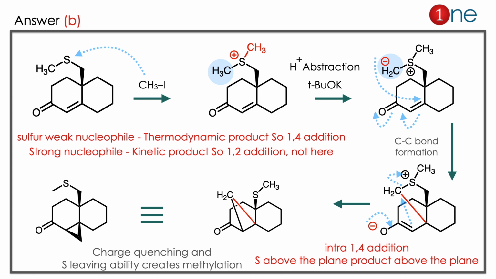Ring strain is a driving force here, and the charge also has to be quenched. So charge quenching and strain promote ring opening again, the charge travels, the ketone forms again, and methylation is on the plane. Here methylation happened above since the sulfur group is also above the plane. So both sulfur and methyl are above the plane. So the answer is B.